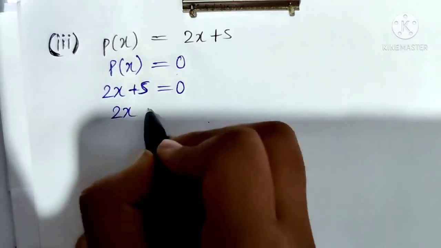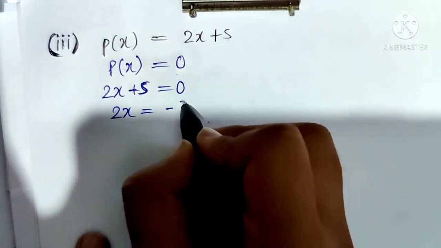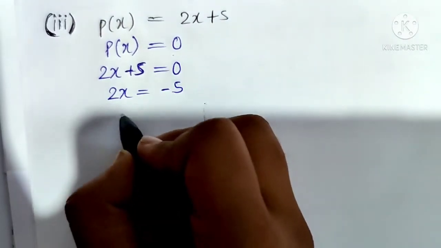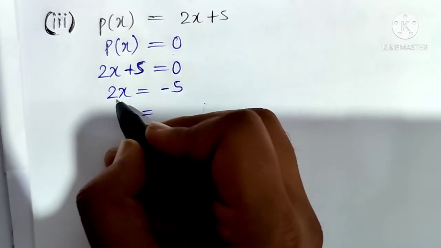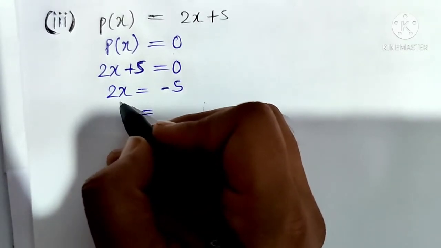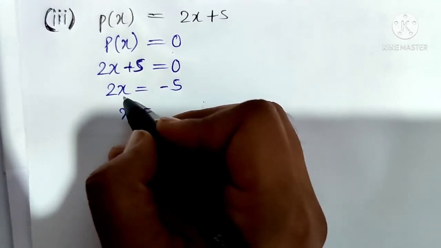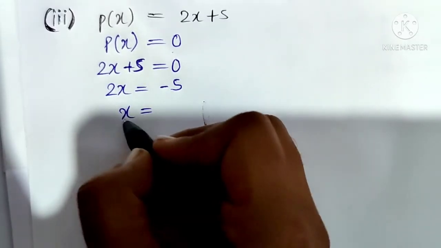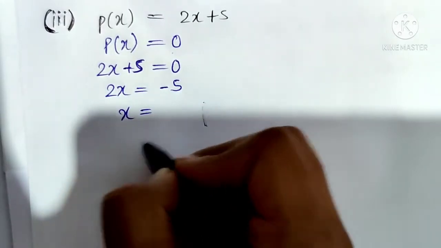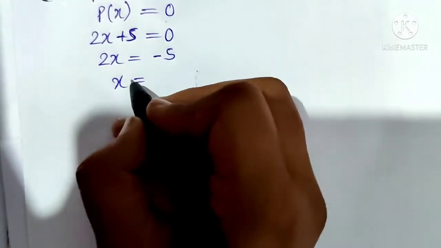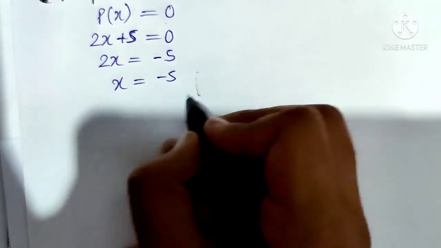So 2x we will keep here only, and this plus 5 we will take to the right hand side, so it becomes minus 5. Now x we will keep here only. This 2 is in multiplication relation with x, because 2 multiplied by x becomes 2x. So we will move this 2 from the left hand side to the right hand side, and it will go into divide relation.